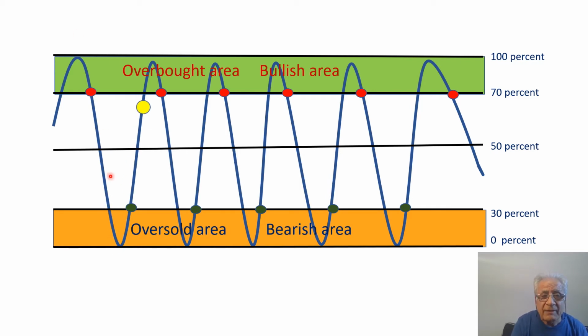When it comes down and enters the oversold area, and while it's going out of this area upward it cuts the 30% line, it creates a buy signal, so you can enter the market.